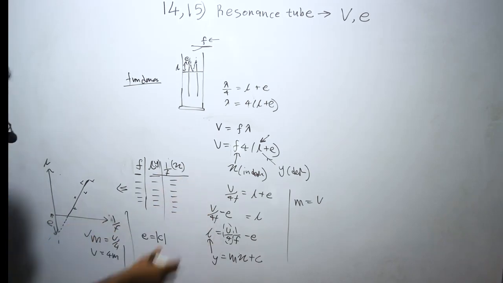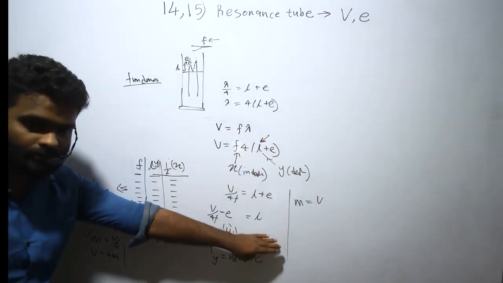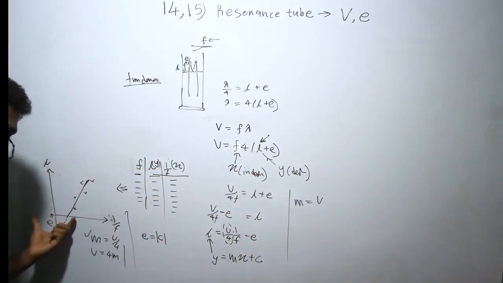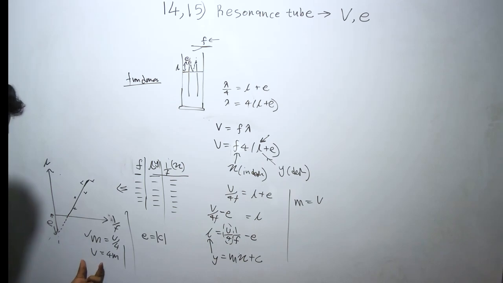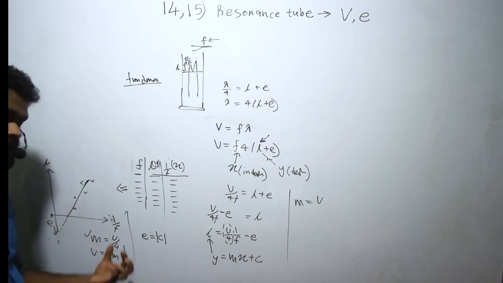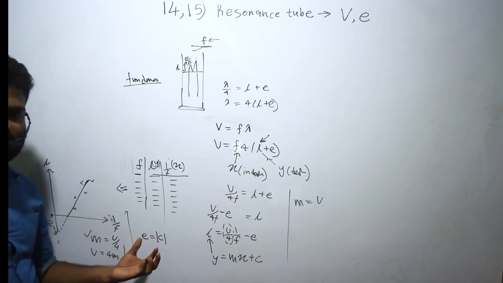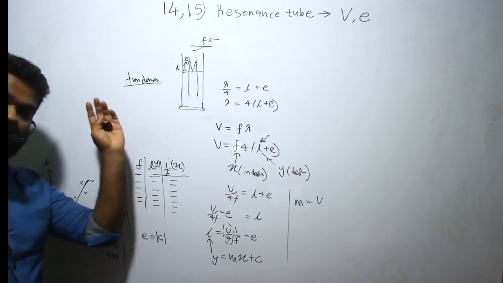Okay, first take this down. Then take a table. From the table you draw the graph. From the graph you calculate V and the end correction. So this is a more accurate method, right? Because the random error is less now compared to the previous method.